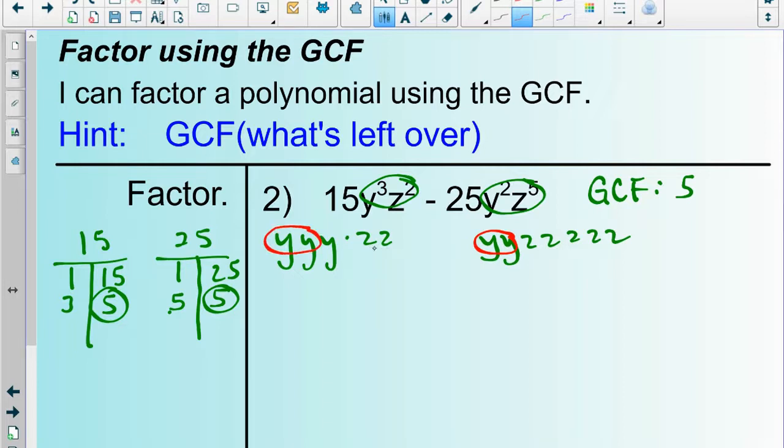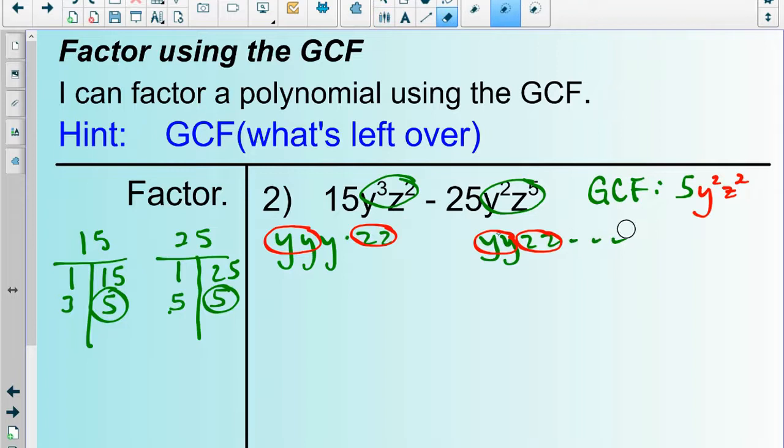And then it looks like they each have 2 z's, but no more than that, because the first expression only had z squared in it. So for my GCF, that's going to be y to the second power, and then z squared also. So my GCF is 5y squared z squared.